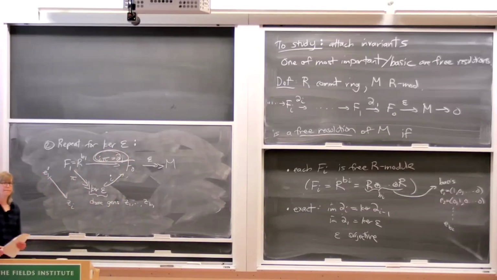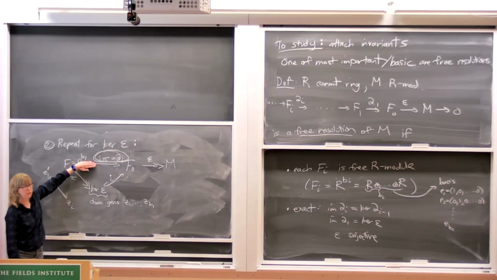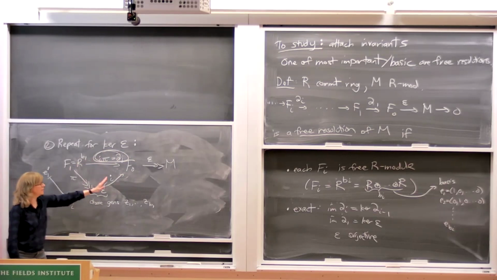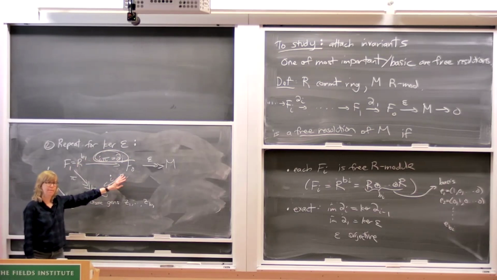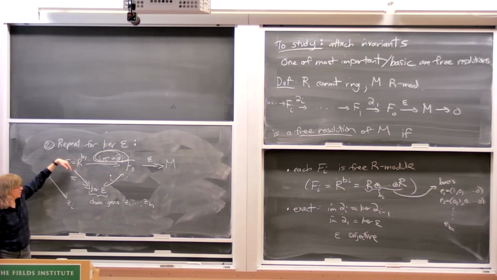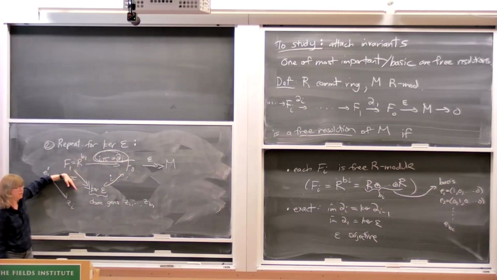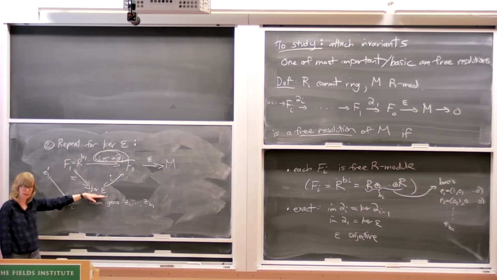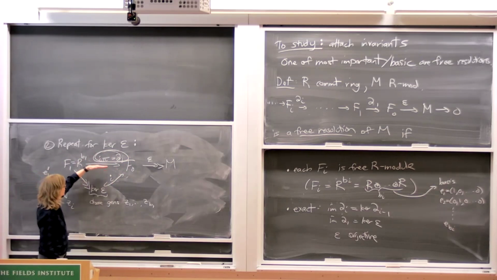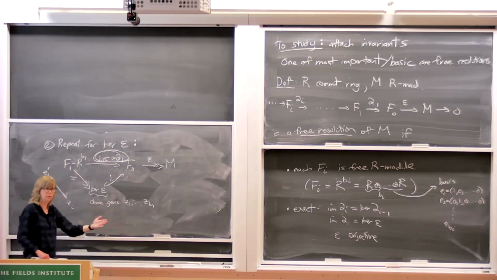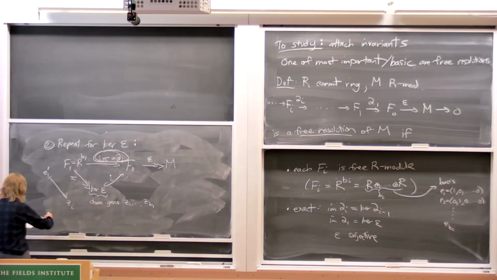Okay. I'm going to check if it's exact. What is the image of this map? Well, this is an inclusion, and it factors through here, so the image of this map is the image of pi as a submodule, and that is the kernel of epsilon, like you want. So that's exact.